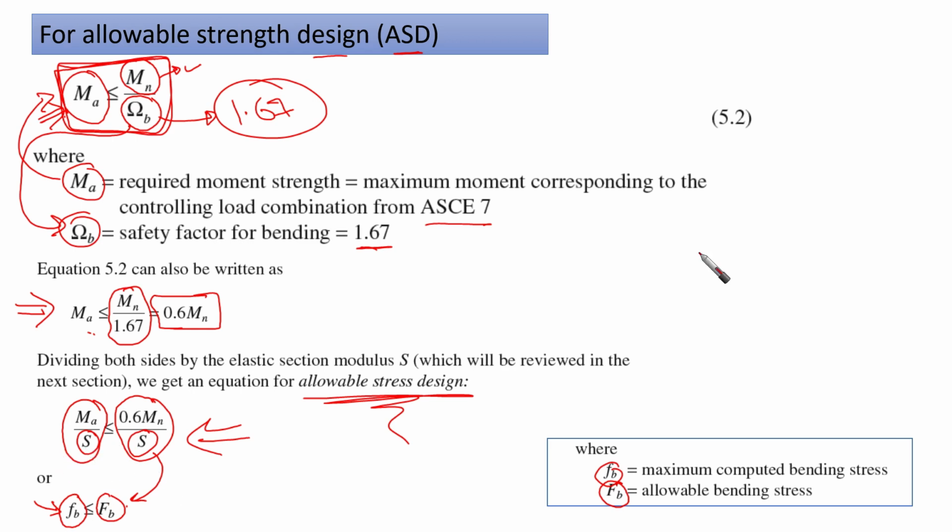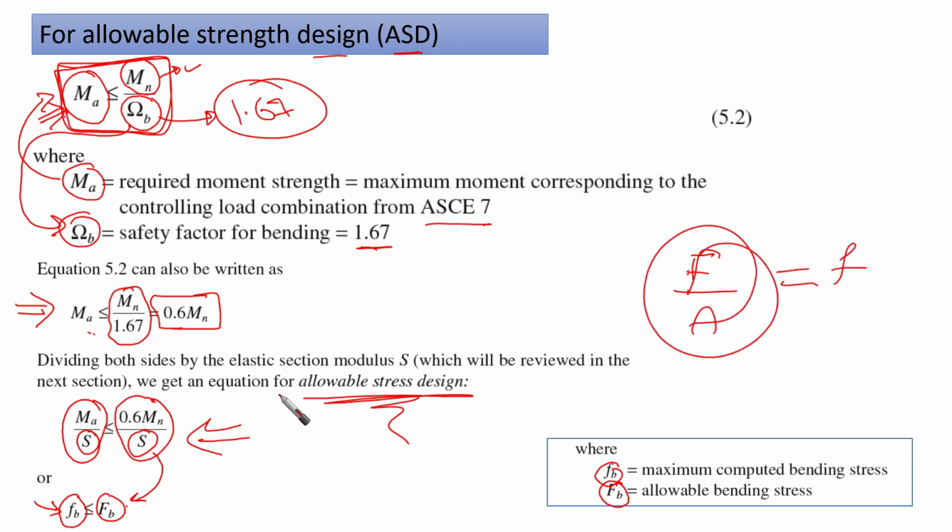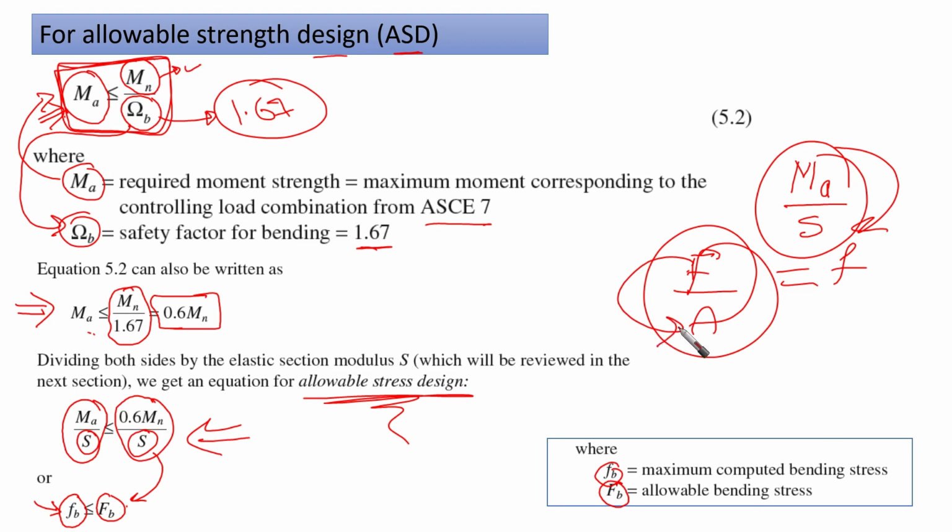It is very similar to using F over A, where we said that this is the stress. Here, instead of F, it is going to be M, M over the section modulus. So moment is related to the section modulus, whereas force, in the case of columns, for example, was related to the area.